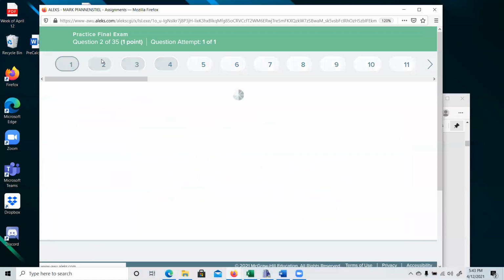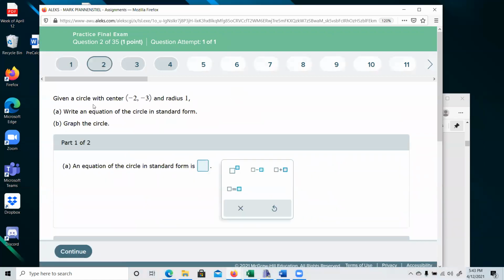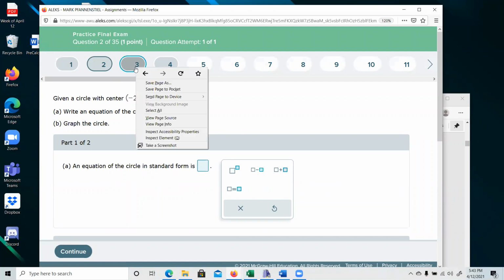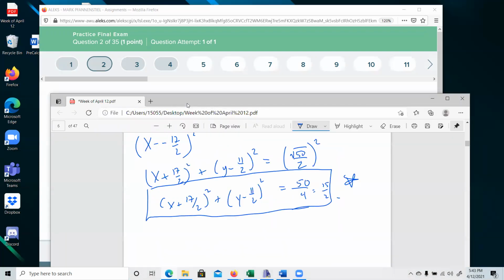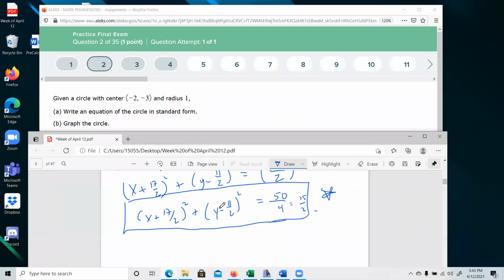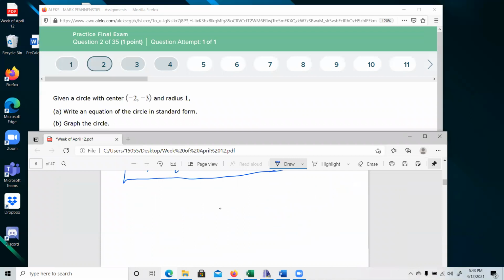Okay, let's see here. Let's do this one for reinforcement. Okay, I don't know what I'm going to do with this.